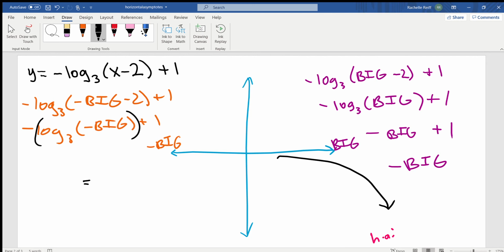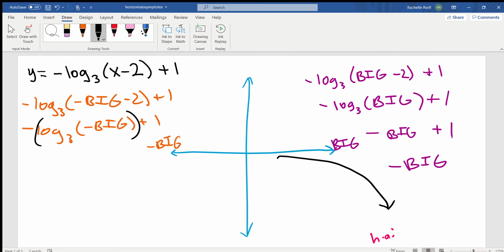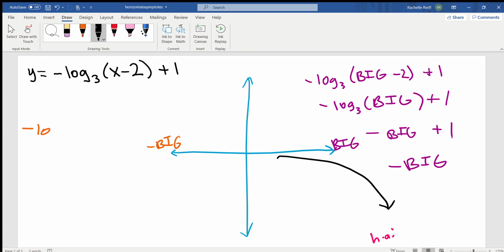So that means on my left side, most of the numbers over here, I actually can't even plug into my function. If you wanted to double check, since 3 to any power has to be bigger than 0, the only things I can plug in to make this function work are things that make this argument bigger than 0 in order for my function to make sense.